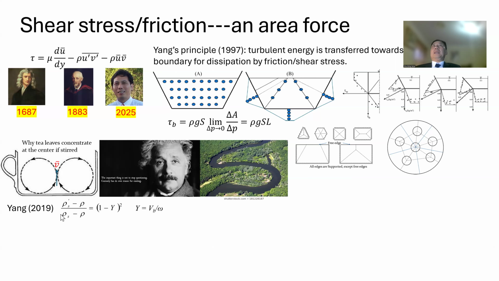Now I developed these equations to include this parameter, that is, y, Young's parameter. Omega is the tea leaves or sediment settling velocity. If y equals 1, that means the value is very large, and then this will be equal to 0. Your sediment's apparent density will be equal to the water's density.